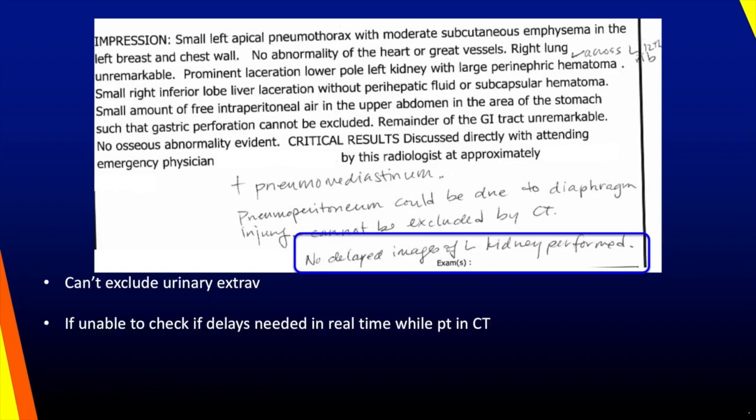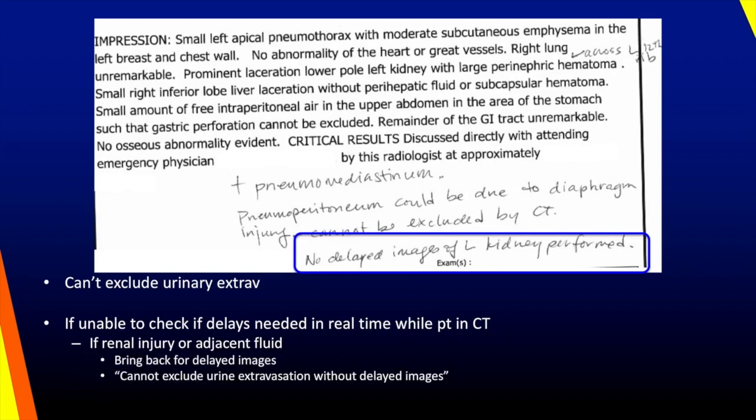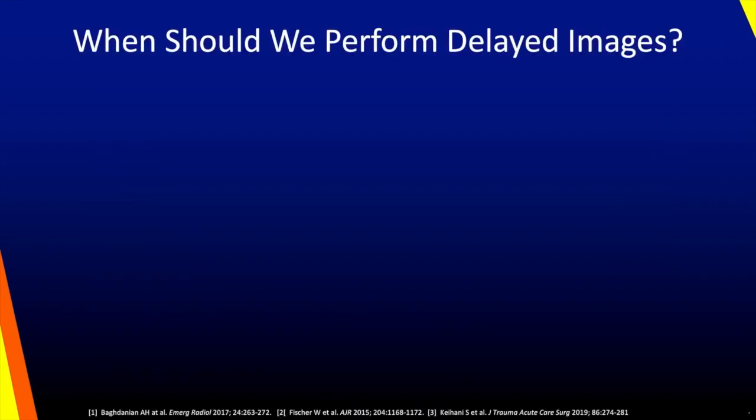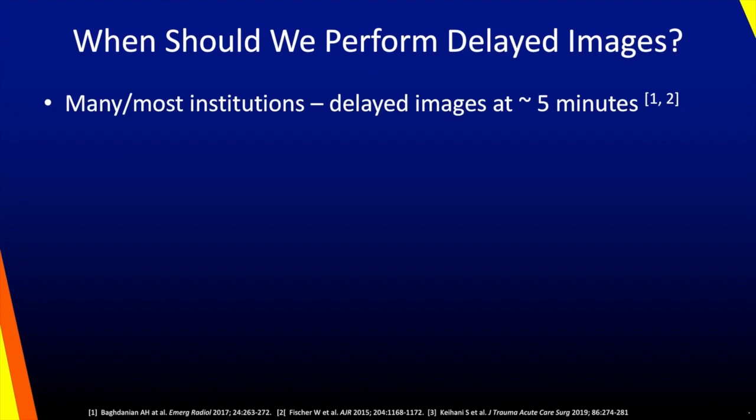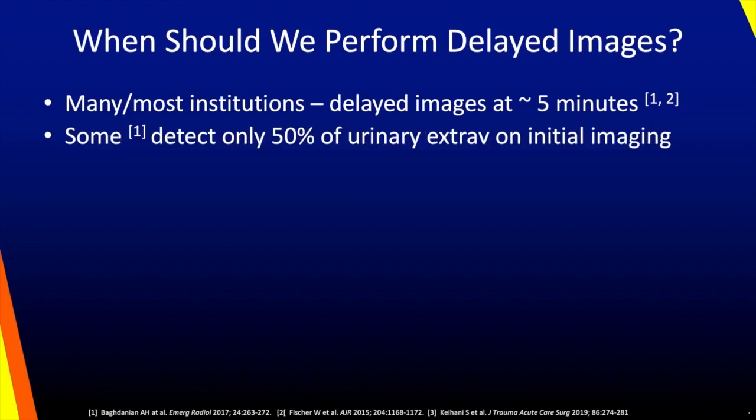If you're unable to check if delays are needed in real time while the patient is in CT, and if you see a renal injury or adjacent fluid, you can either bring the patient back for delayed images, or you can simply state that you cannot exclude urine extravasation without delayed images. Now, when should we perform delayed images? Many or most institutions do this at about 5 minutes.